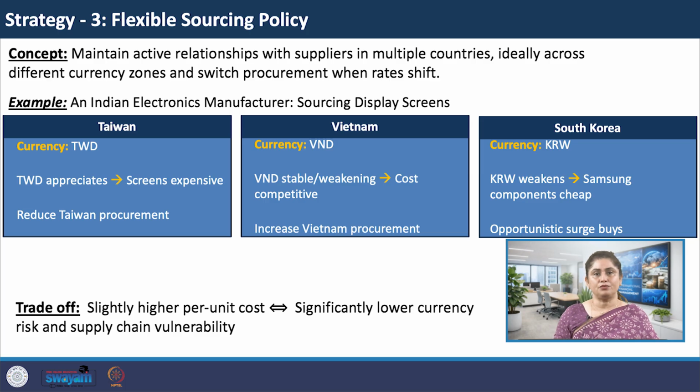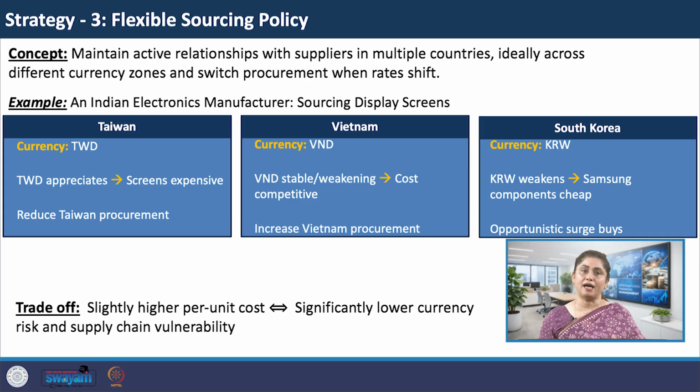The next strategy that we are going to discuss is flexible sourcing. And it is a very simple idea. Instead of depending on a single supplier in a single country, a firm maintains active, qualified relationships with suppliers across multiple countries and multiple currency zones.